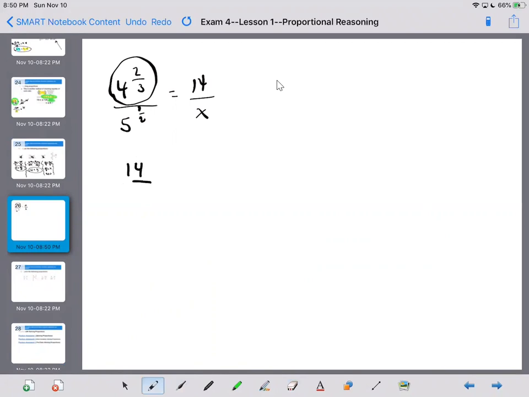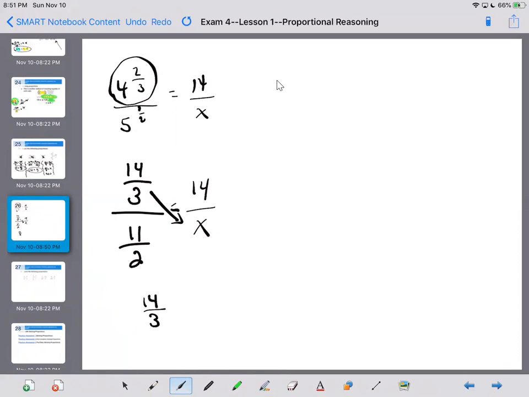So 14 thirds divided by 11 halves, that's what 5 1/2 would be. And we're going to set that equal to 14 divided by x. If we go ahead and do our cross products, that's going to be 14 thirds multiplied by x is equal to 11 halves multiplied by 14.